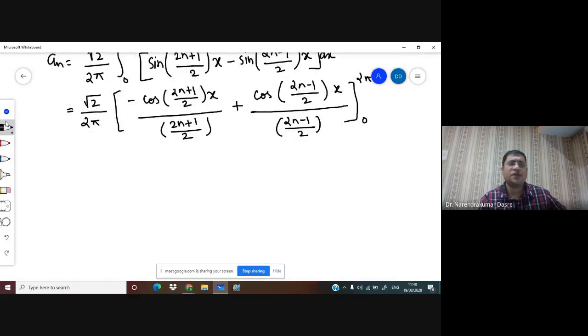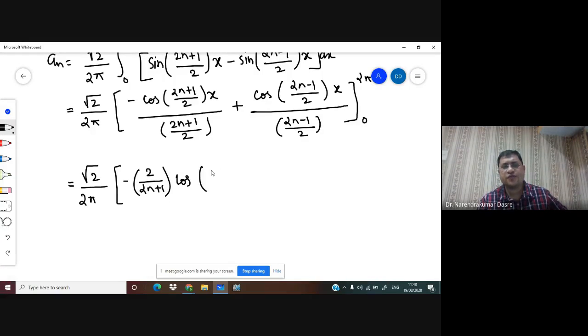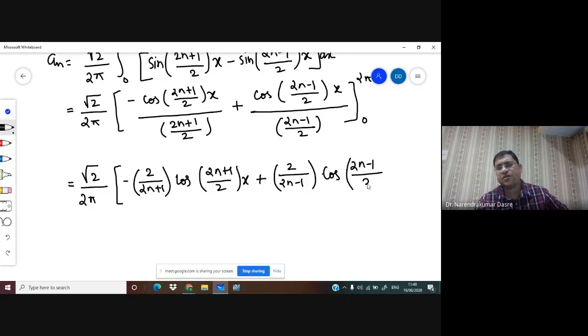So now let us apply these values. So I can write this equation as root 2 upon 2 pi, and this is, I'll write minus 2 upon 2n plus 1 cos of 2n plus 1 by 2 into x plus, this is 2 upon 2n minus 1, and here we get cos of 2n minus 1 by 2 into x, and this is 0 to 2 pi.